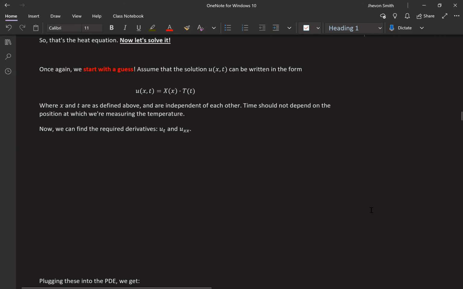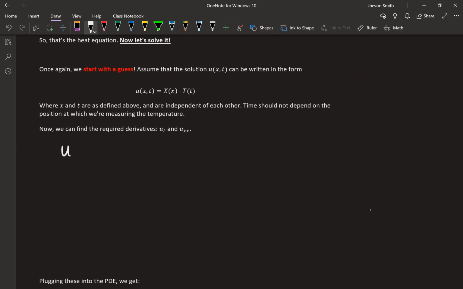So we will now find the derivatives. If I look like that, this means that u sub t would mean, well, my big X would just be a constant, and then I would differentiate the T with respect to t. So I can call that T prime because right here, as far as I'm concerned, the x is a constant. But technically, yes, you should be looking like a partial.